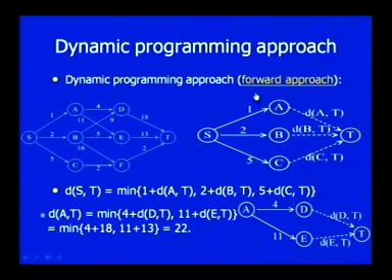The first approach is called the forward approach. So, here you can see the problem is I have to find the minimum cost path from S to T. So, I am formulating this problem now like this, you can see very well.